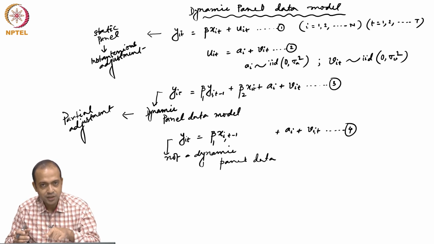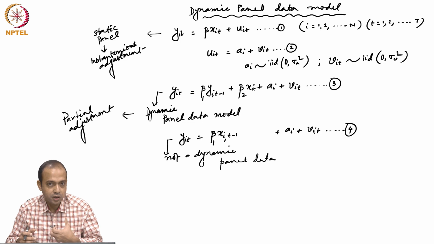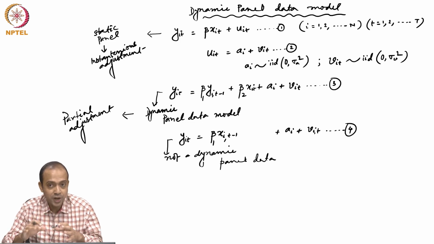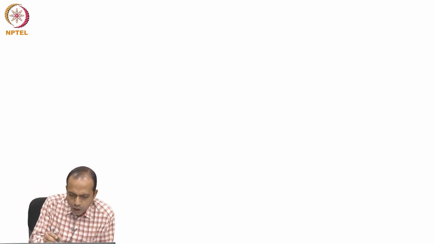That means the moment you introduce lag dependent variable, it calls for certain problems that make OLS inapplicable. Let us try to understand. So, I will write the dynamic panel data model once again.